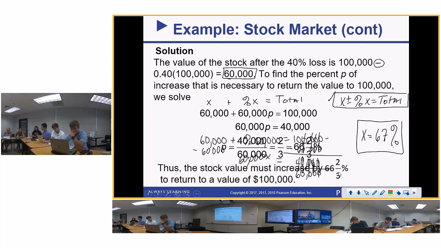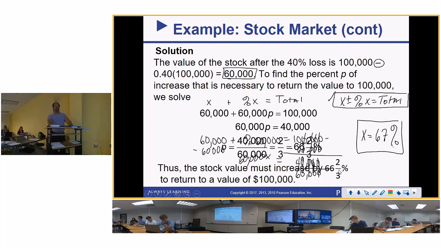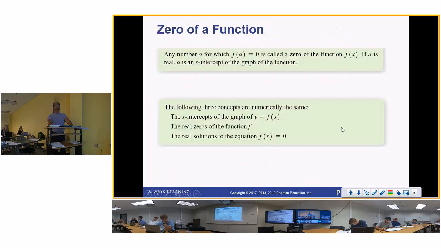(66 2/3% is 67%, last time I checked.) Zero, those are called intercepts. Zero function is called the x-intercepts. I don't like using that word. It's called the x-intercepts. Write that down because that's what everybody calls them.